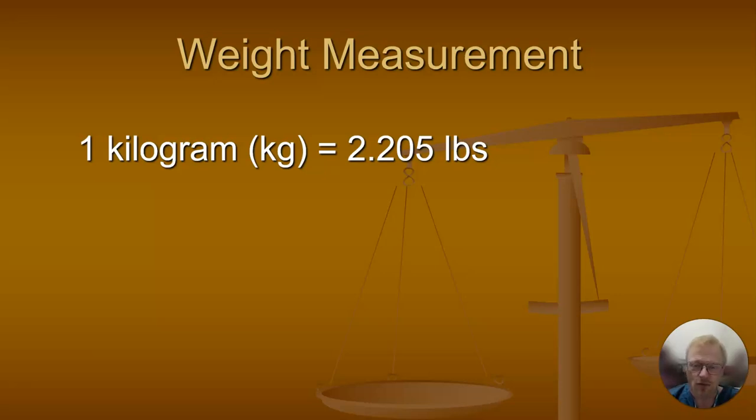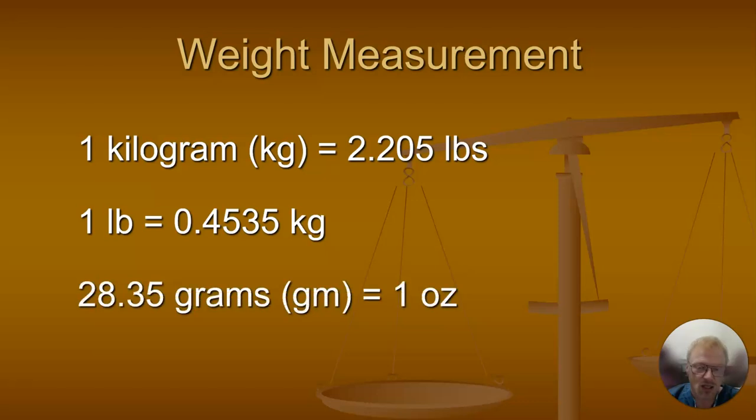Again, we tend to round to 2.2. 1 pound is 0.4535 kilograms. 28.35 grams is the same as an ounce.